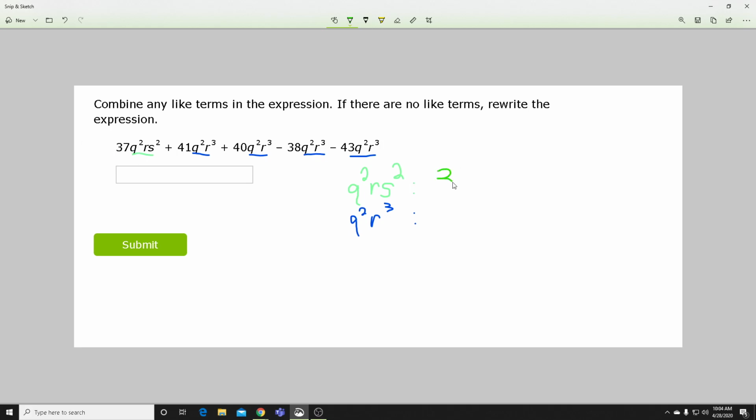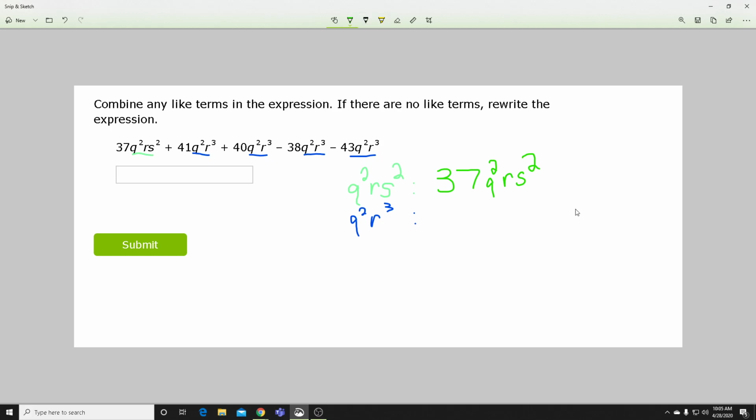So your only term here is 37 q squared r times s squared. But down here, all four of these terms have the same q squared times r cubed.